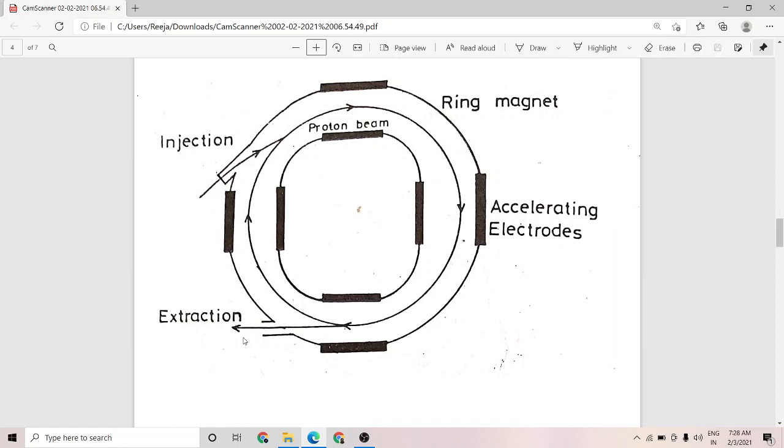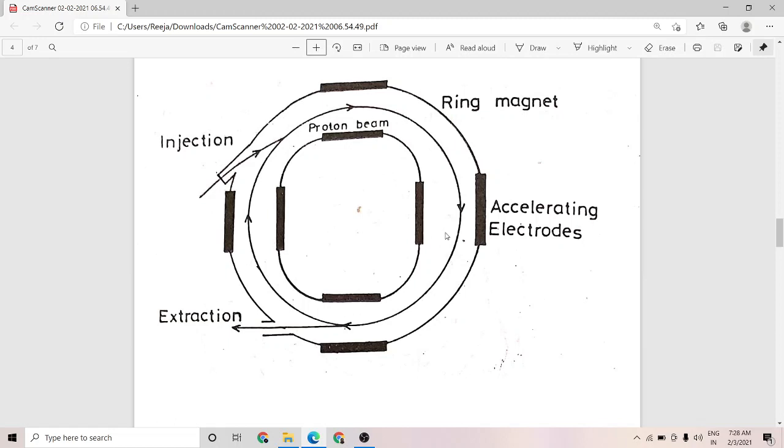So once again, I'll explain. As the protons are injected into one of the straight sections, they are accelerated and they tend to move in circles of increasing radii. But the varying magnetic field causes the proton to move in an orbit of constant radius.